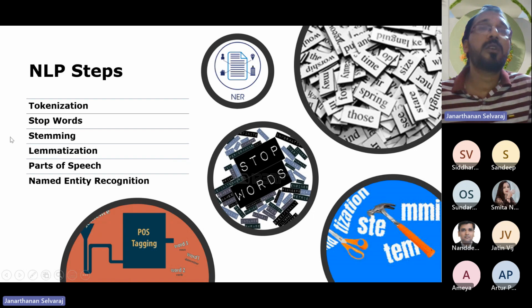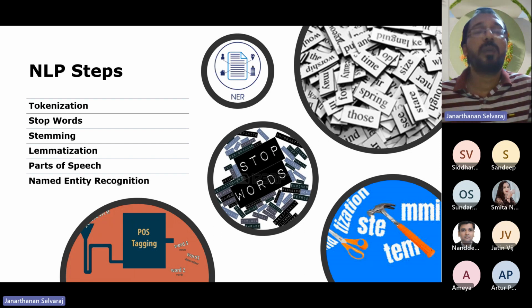But when you process a machine learning model, stemming will give more accuracy compared to lemmatization. If you are more specific about words, then you can go for lemmatization, because the output of lemmatization is an actual word.